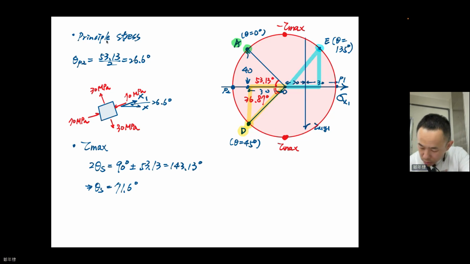Okay, so x, x, and this is x1. So this is 71.6 degrees, and you have a.